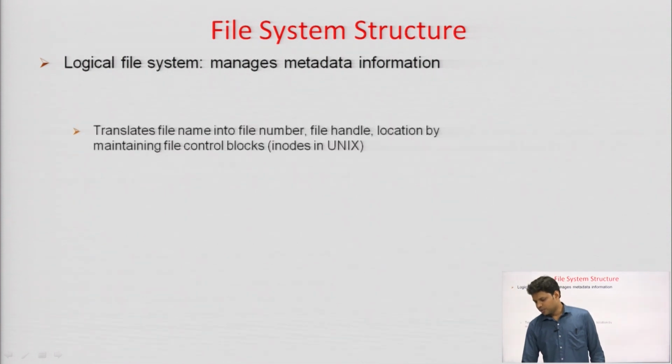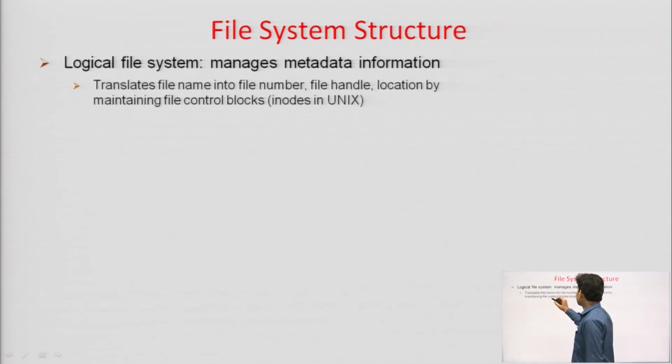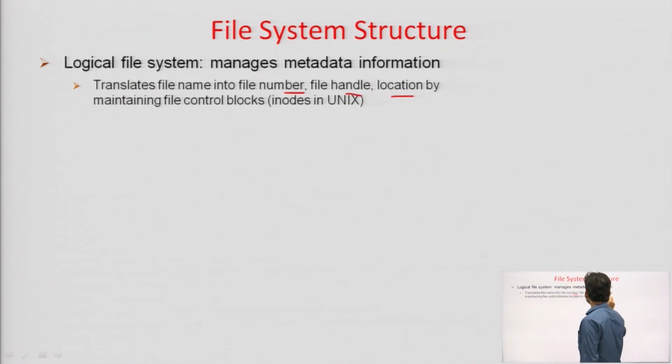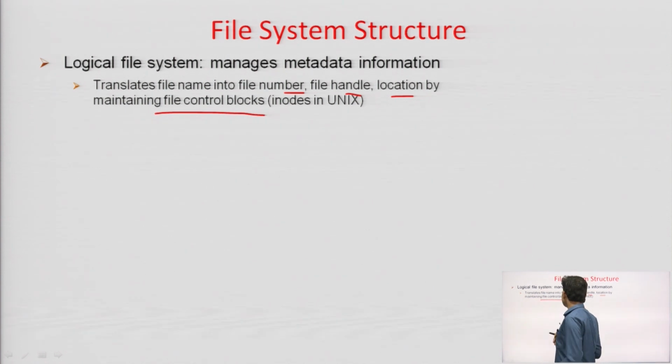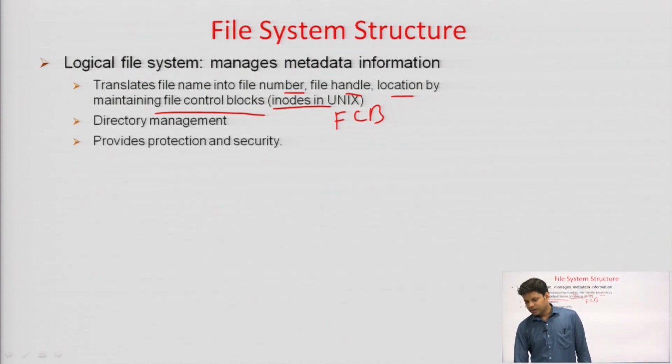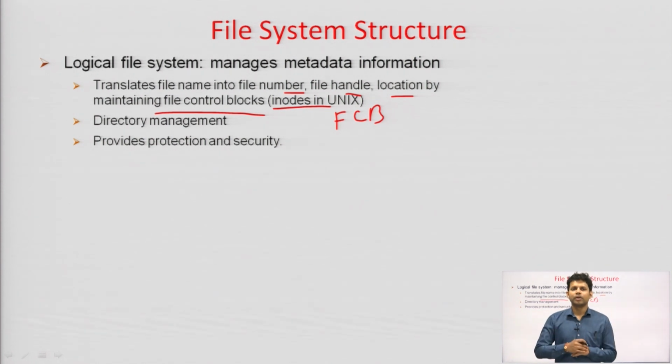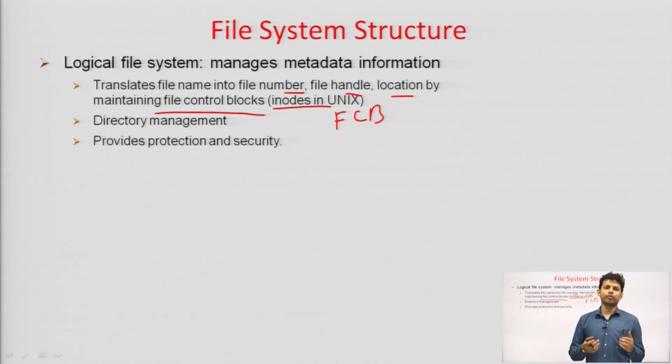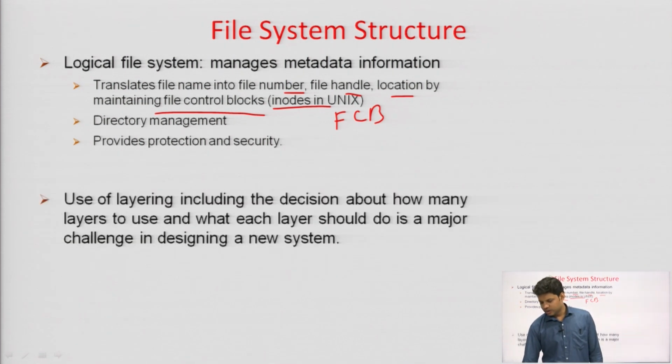The logical file system is responsible for translating file name into file number, file handle, location by maintaining file control blocks, FCB, like inodes in Unix. Directory management is also done by this logical file system, and it provides protection and security.